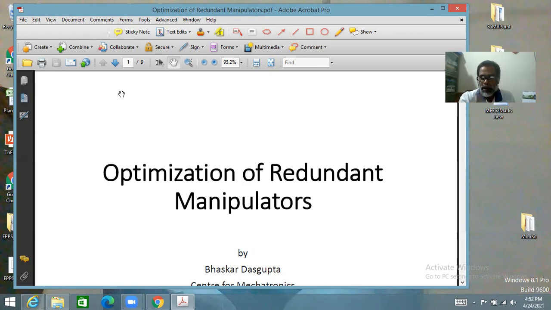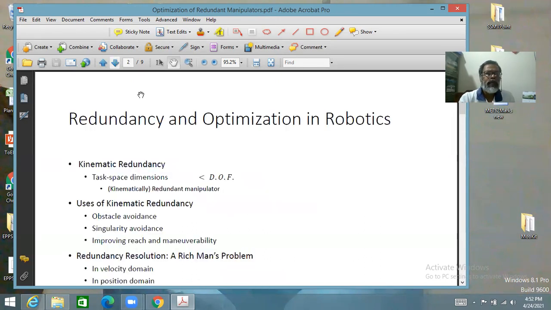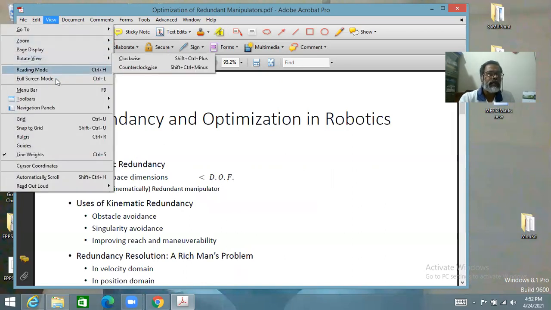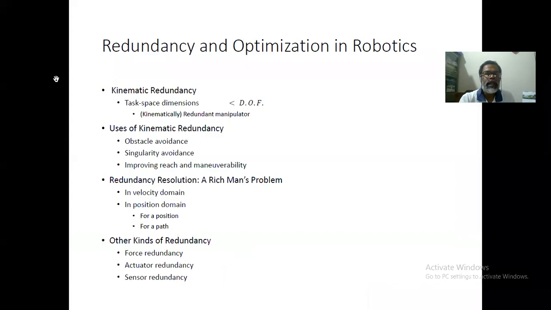Now to go about the subject matter, I think it may be a good idea if I put it full screen. Yes. So how and in what ways do redundancy and optimization appear in robotics?